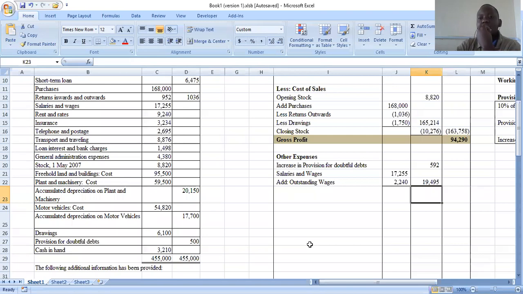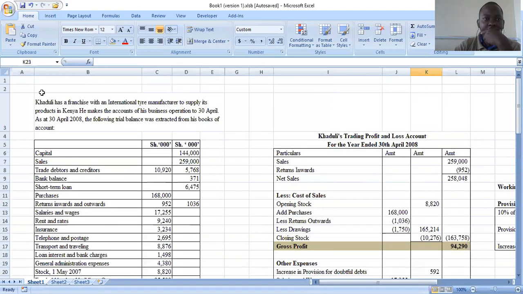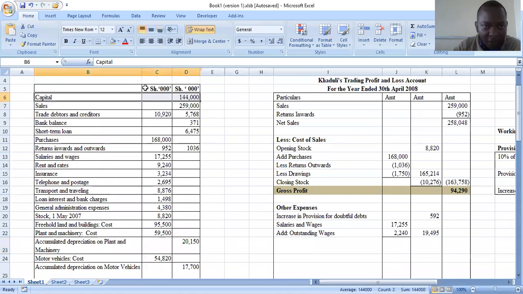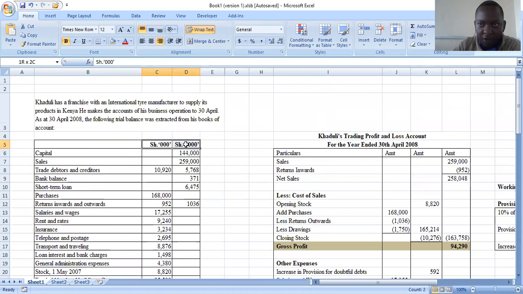Yeah. See the outstanding wages is 2,240,000. And I remember saying, the figures in the trial balance are in thousands. Unaona hapo juu? They're in thousands. Okay, hata hapa basi nafaa nifanye hivi. Hapa juu kwa hii yangu.